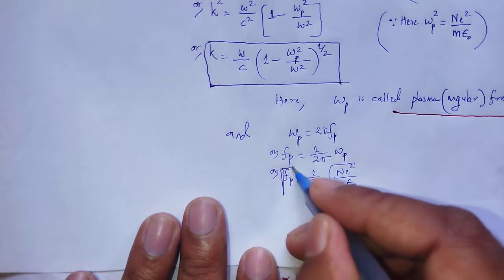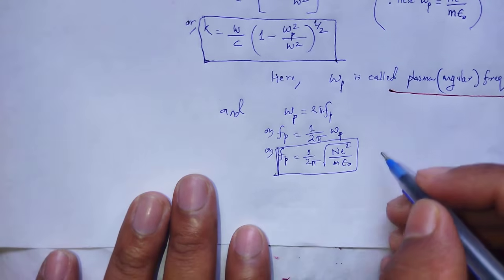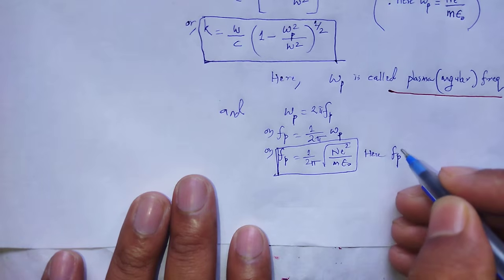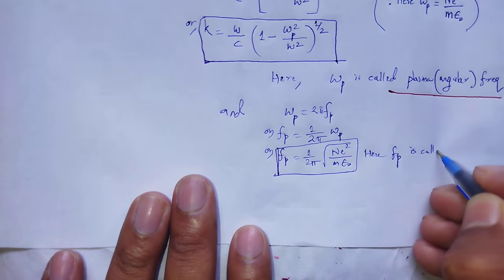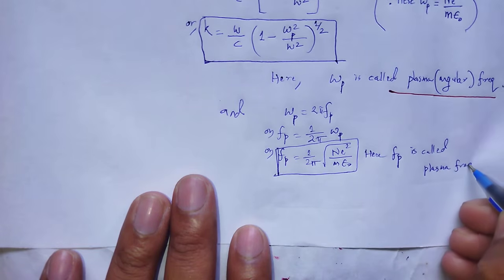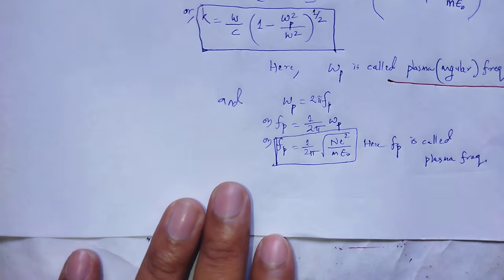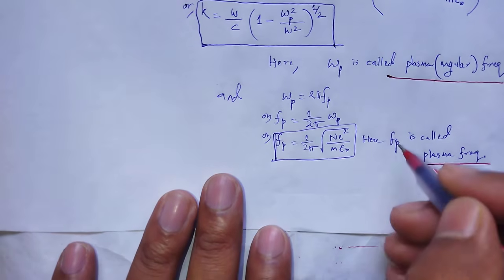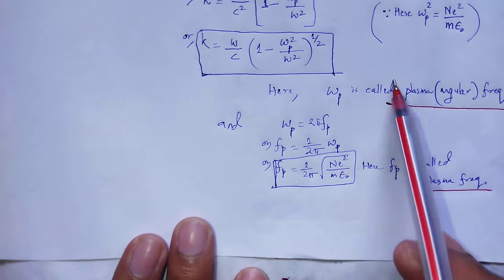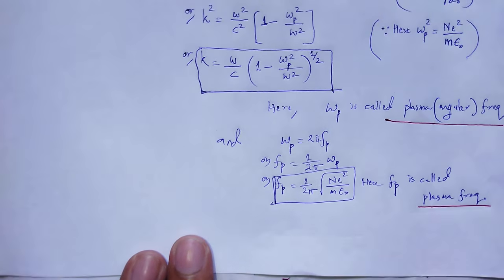Here fp is called the plasma frequency. That one is the angular plasma frequency, this is simply the plasma frequency, the expressions for angular plasma frequency and plasma frequency.